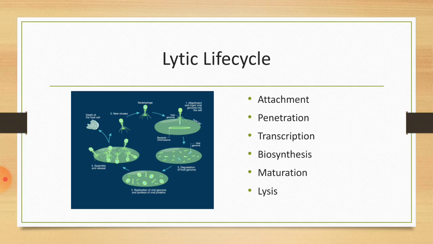So at the end of life cycle, that host organism is killed so that all the viruses come out. That type of life cycle is called lytic life cycle. It was well studied in T-even type of bacteriophages such as T2, T4, T6, so on.